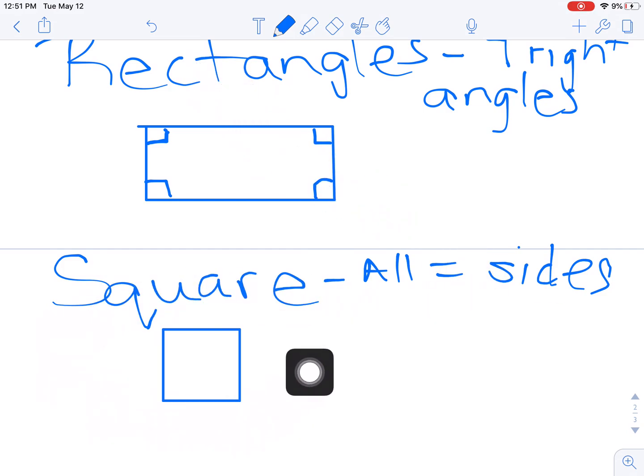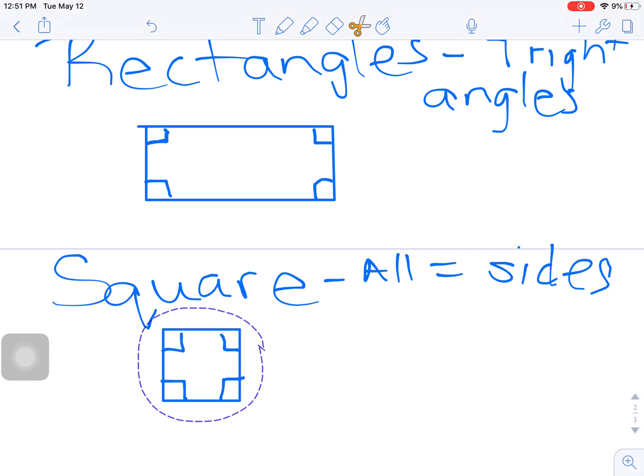But what is the same as a rectangle is that if I look at the angles in a square, whether I take this square and leave it as it is, or rotate it onto its side, it's still going to be all 90-degree angles, or all right angles. So a square has all equal sides, and it also has to have 4 right angles.